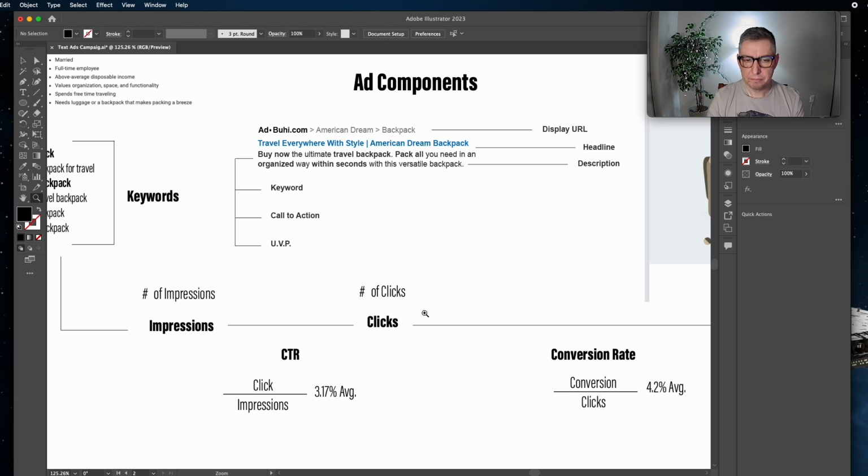Here it's important to start understanding how these indicators work together. If I have a good number of impressions, it means that the keywords I have selected are good. If people are not looking for the keywords I have selected, I won't be shown.